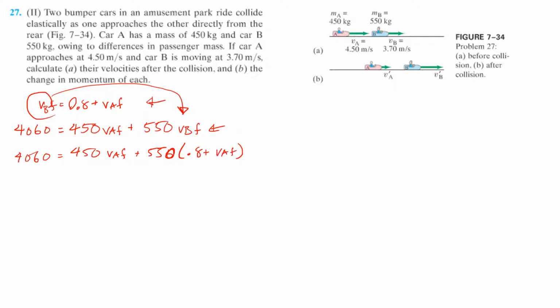Now you just have to do a little bit of math. I don't want to bore you with it, but if you do it all right, VAF is equal to 3.62 meters per second. And this is positive, meaning it's moving in the same direction, as you can see in this diagram here. That means VBF is equal to 0.8 plus VAF, which is what it was right here.